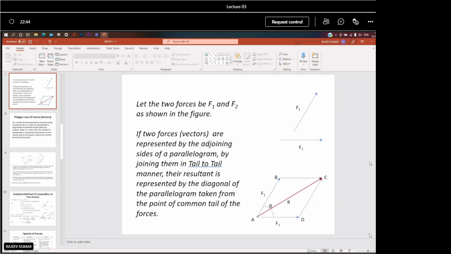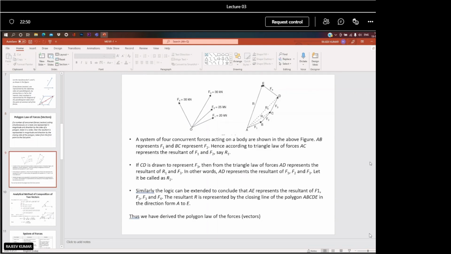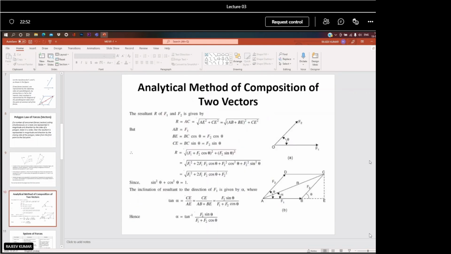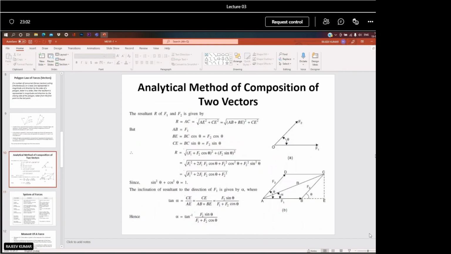And then next, this also I have discussed. This analytical method also, yesterday I have discussed how you have to calculate the forces.